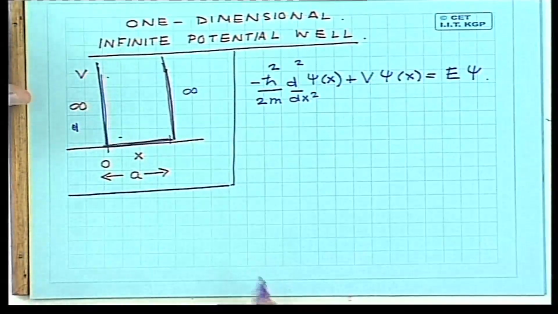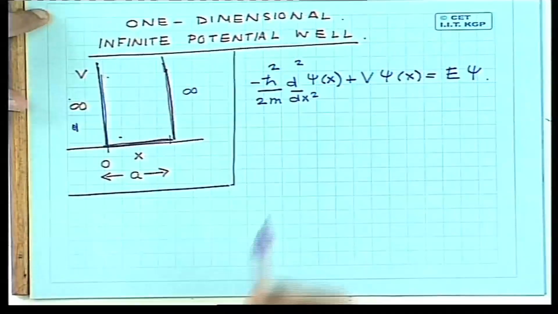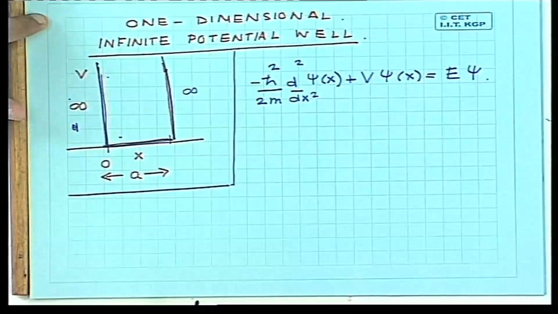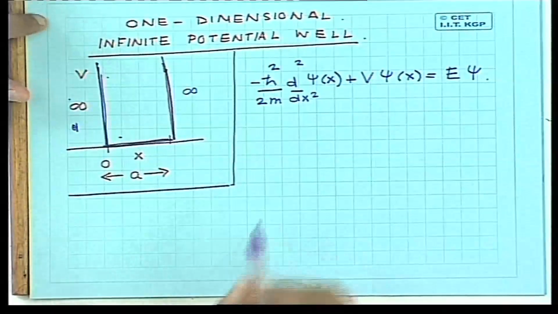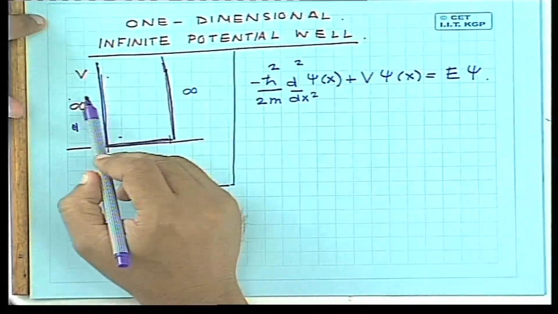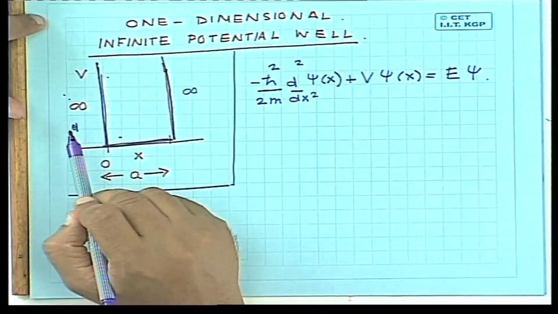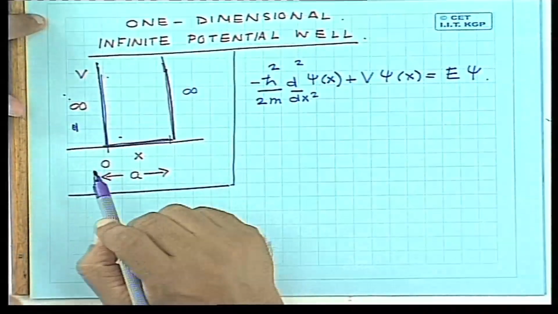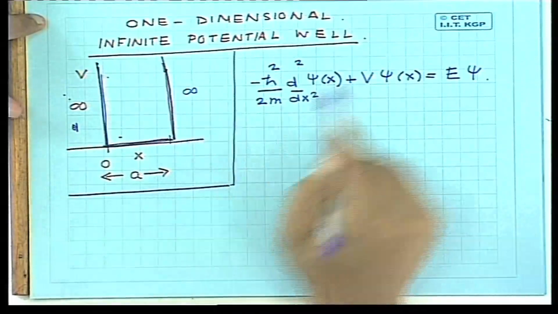Now in the regions to the left and to the right, V is infinite. If V is infinite, the only solution that you have is psi equal to 0. The wave function cannot be finite in this part and this part, because if the wave function is finite, then the second derivative has to be infinite, right? Such a solution doesn't exist.